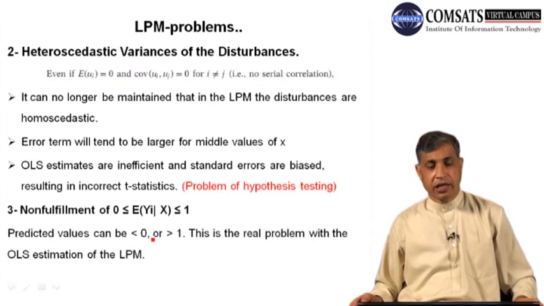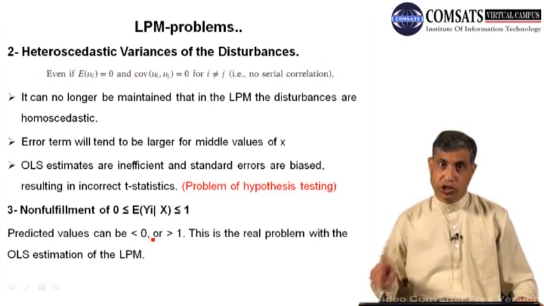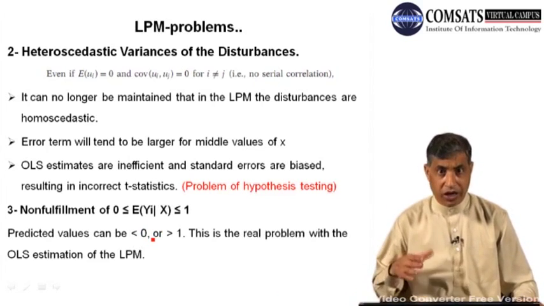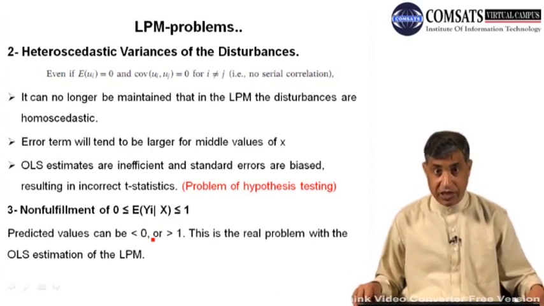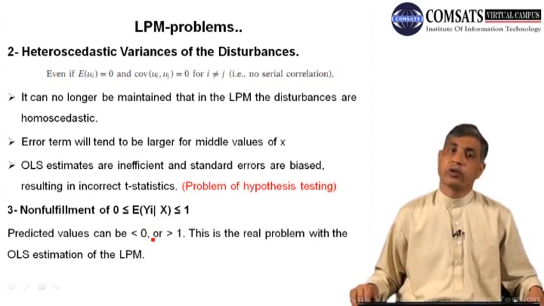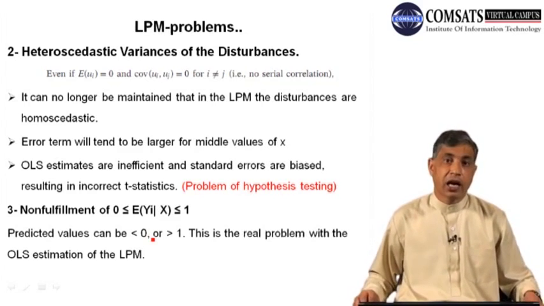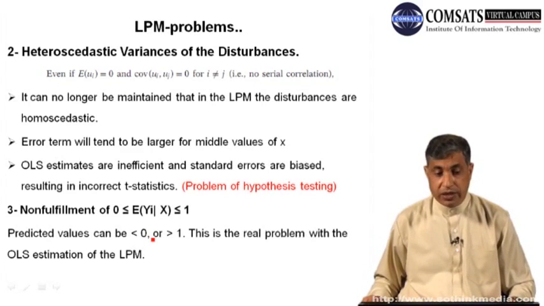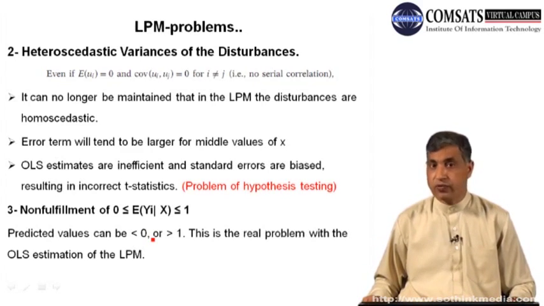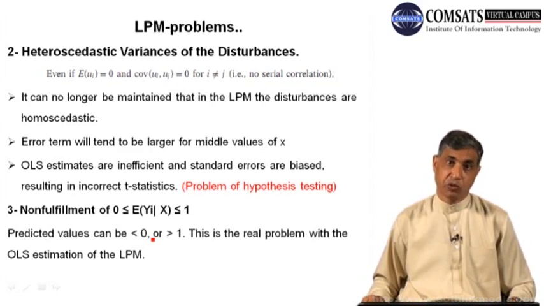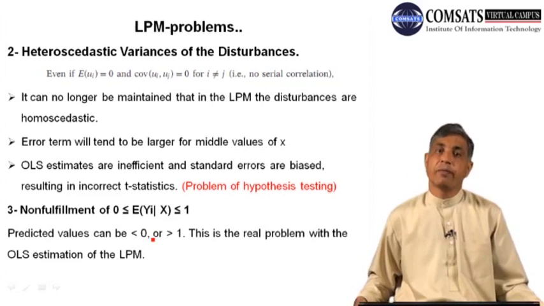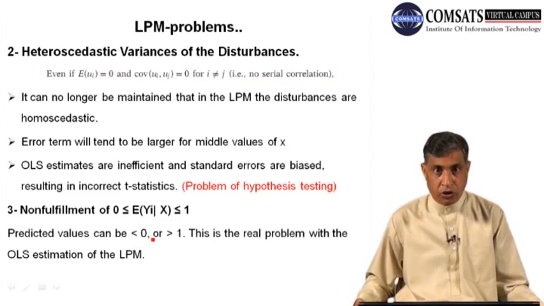Linear probability models, the continuous equation. One problem we have discussed: the residuals are not normally distributed. The other problem is the heteroscedastic variance of the disturbance. I am not going to open a box that becomes uncontrollable.